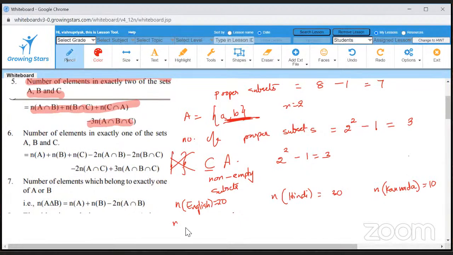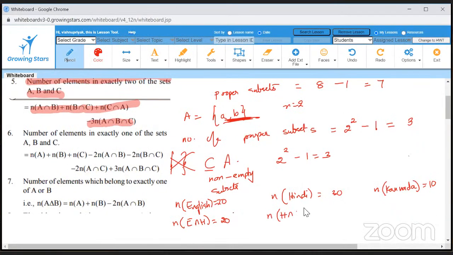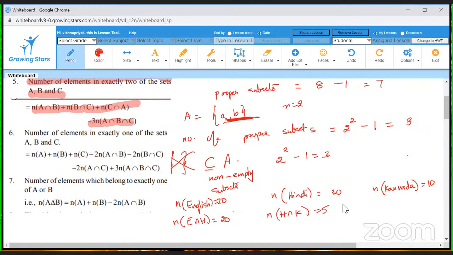Number of people who speak English and Hindi both is given to you, something like 20 only we will take. Number of people who speak Hindi and Kannada, suppose I take 5.